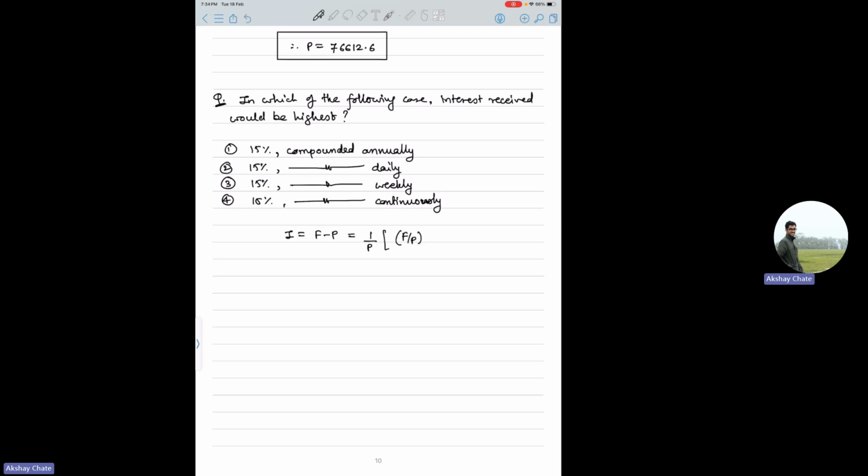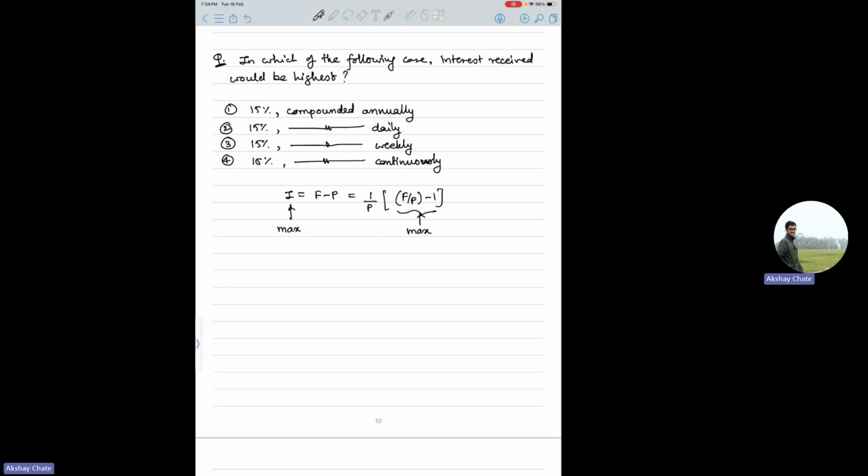So essentially, to have maximum interest for a given P, F by P should be maximum. And what is F by P? It is nothing but (1 + r/m) power m, minus 1, which is your EAR, right?